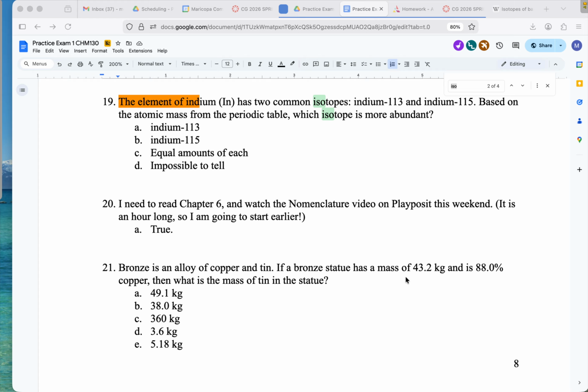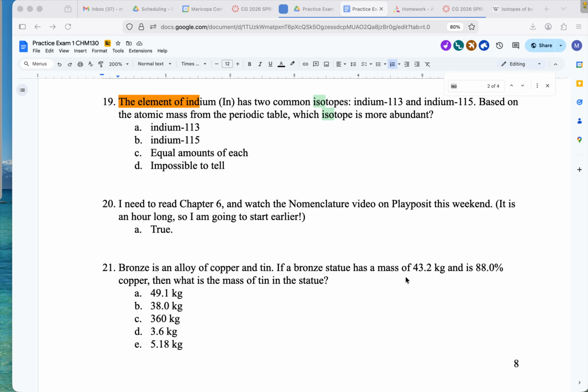Okay, so question 19. Indium has two common isotopes, indium-113 and 115. Use the periodic table. Which isotope is more abundant? So don't use the periodic table yet. Let's just think through this.